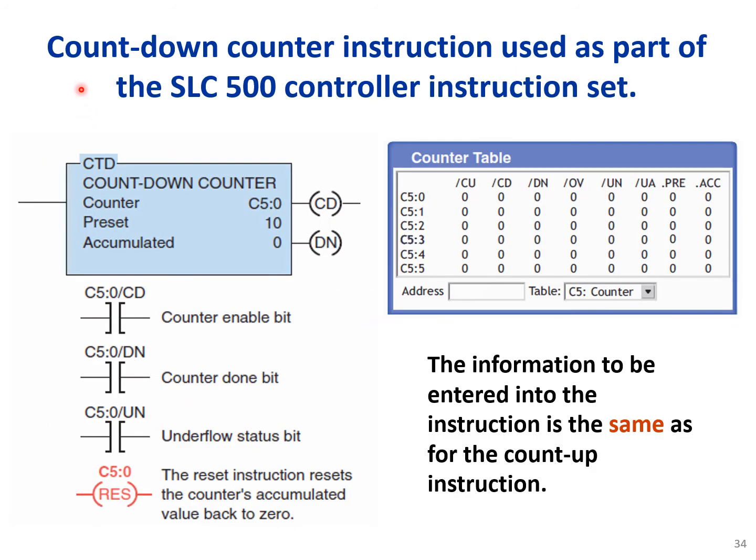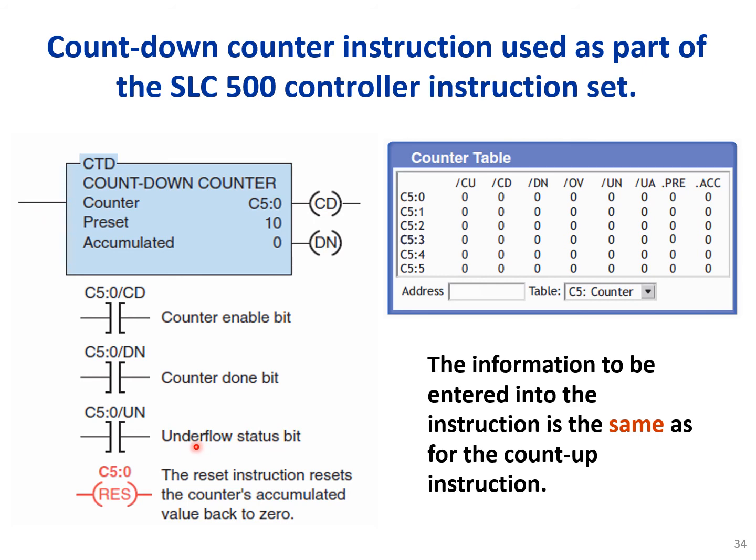Countdown counter instruction used as part of the SLC 500 counter instruction set. Here we have a block diagram of the countdown counter. The counter enable bit shows if the counter is triggered. The counter down bit turns on once the accumulated value reaches the preset value, and we have an underflow bit.